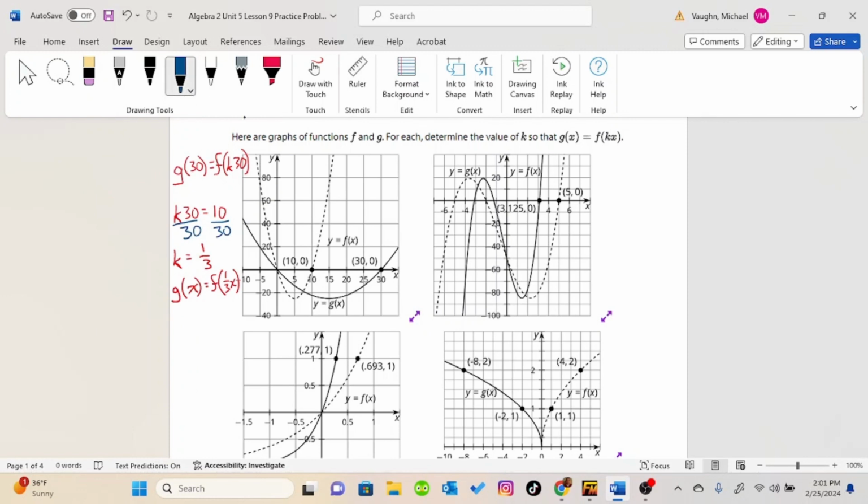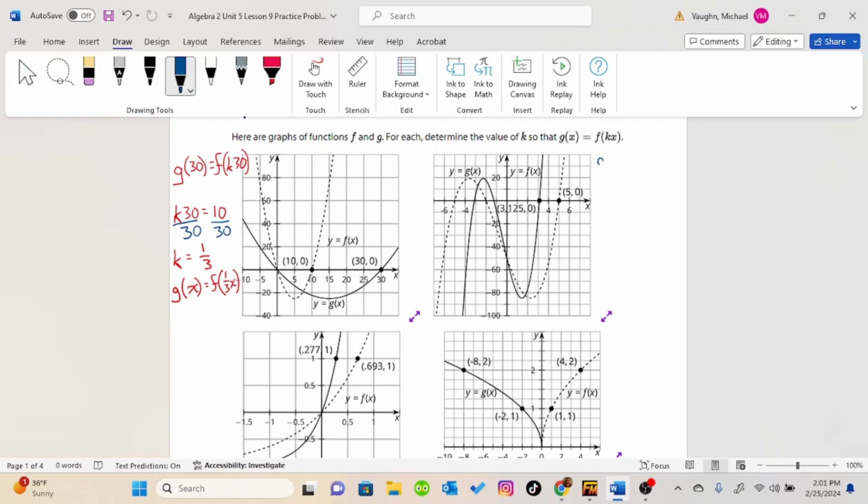Now we can look at the top right. In this one, g of x is the dashed line, and f of x is the solid line. So now the 2 corresponding points each have the value of 0 for y.